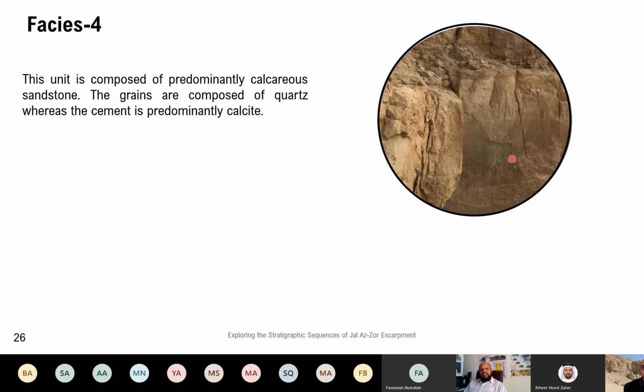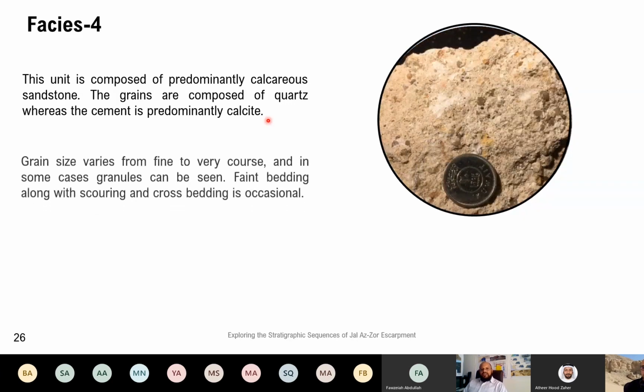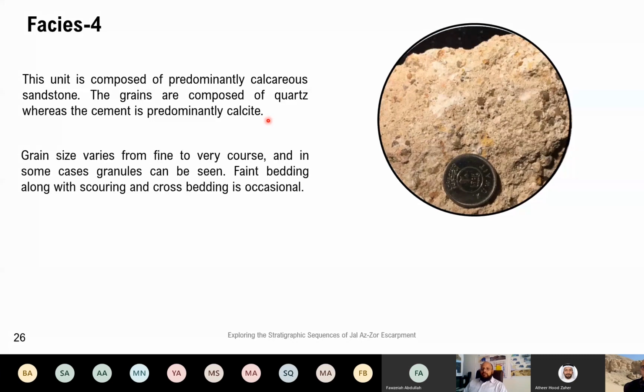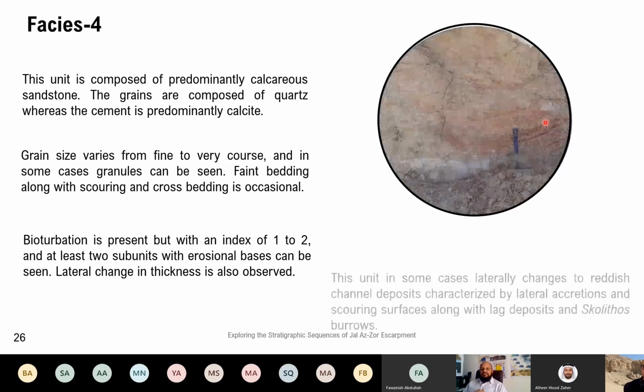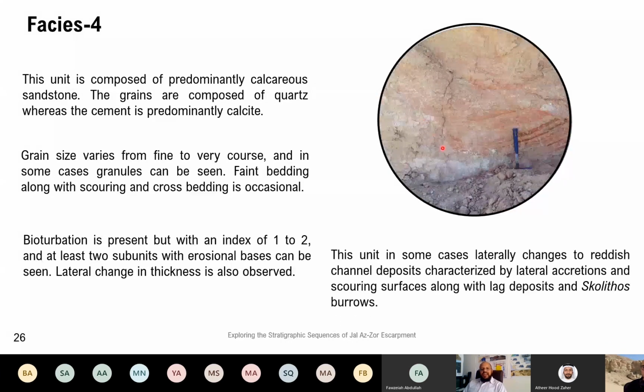So the next unit here is the cliff-forming unit that Ali was showing earlier. It's calcareous sands, reacts with calcium, with the HCl. There are a lot of scouring surfaces in the bulk part, poorly sorted in some places, well sorted in others. There's a lot of erosion and lateral variations within the thicknesses, and it also gets eroded by other facies.